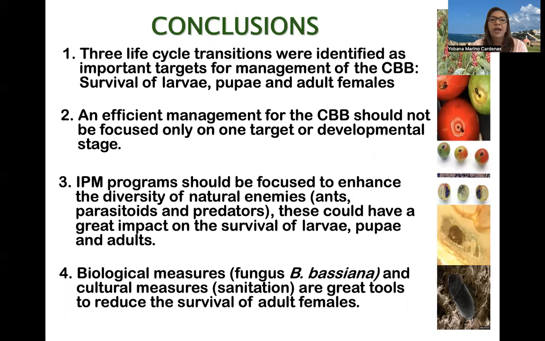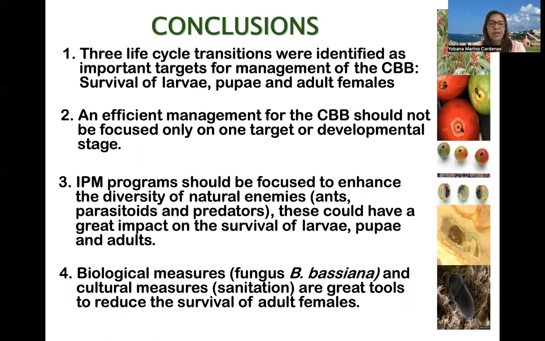As conclusion, we have that the survival of adult females, survival of larvae and pupae could be 3 important targets for the management of the coffee berry borer, because these 3 life cycle transitions or life stages had higher sensitivities.